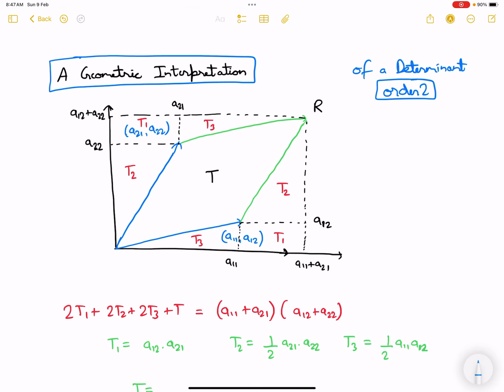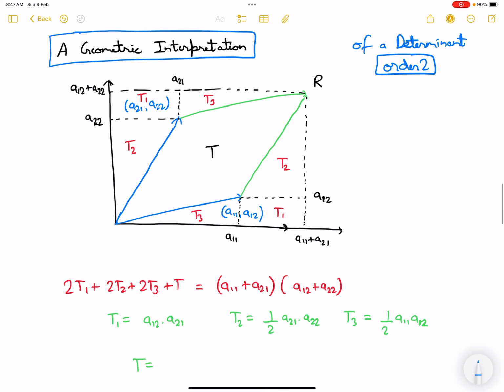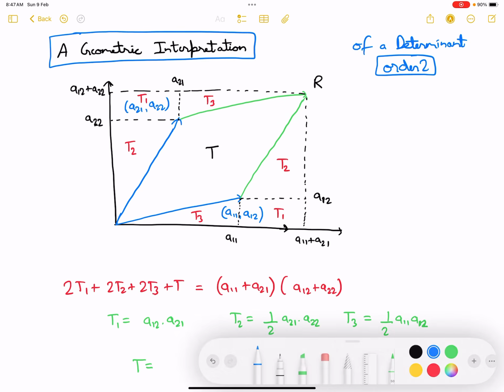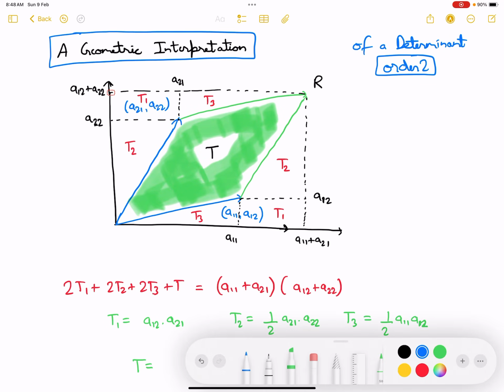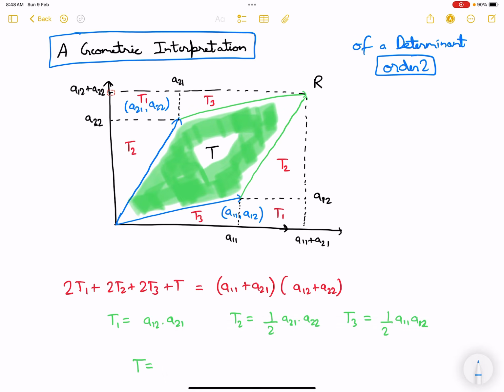Now if you're considering a determinant of order 2, ideally we want to find this area, denoted by T. Now, this we have done in the vectors as well. This is a parallelogram. So we need to find the area of this parallelogram.